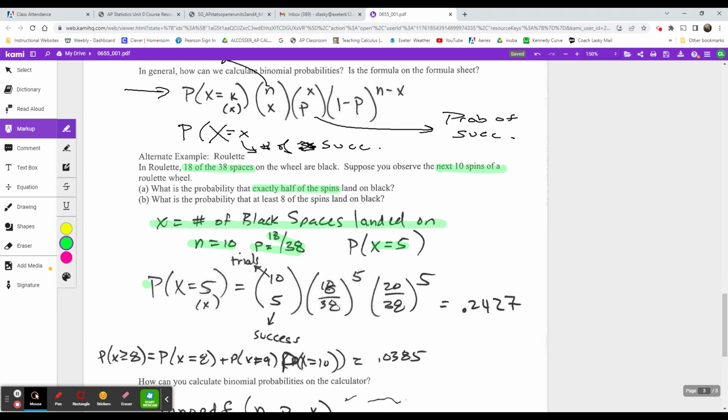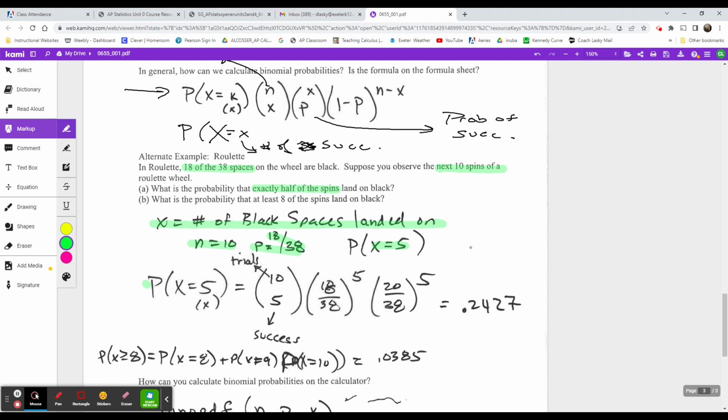Remember, this can be K or it can be X. The number of trials goes here, and the number of successes, 5, goes here. 18 over 38 to the 5th power for the number of successes, and then 20 over 38 for the number of failures, because there are 20 other spaces.